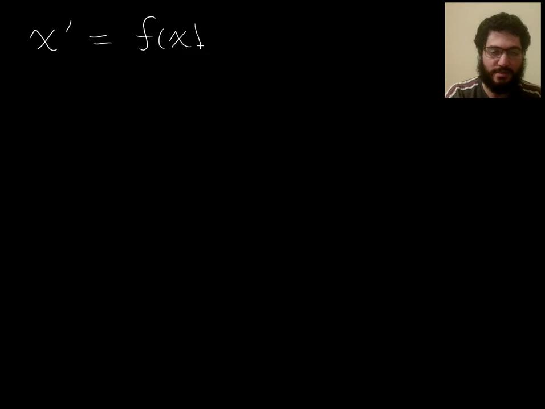So last time we looked at autonomous differential equations, which are these first-order differential equations where the right-hand side only depends on x, and there's no explicit t dependence. And we saw that there's a way to analyze these equations without actually solving them, even though, in principle, you could solve them because they're separable.